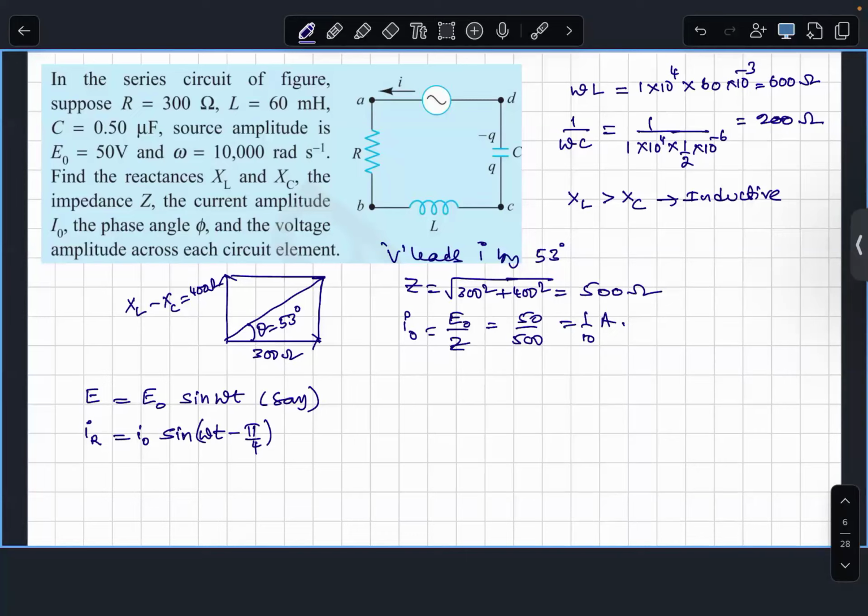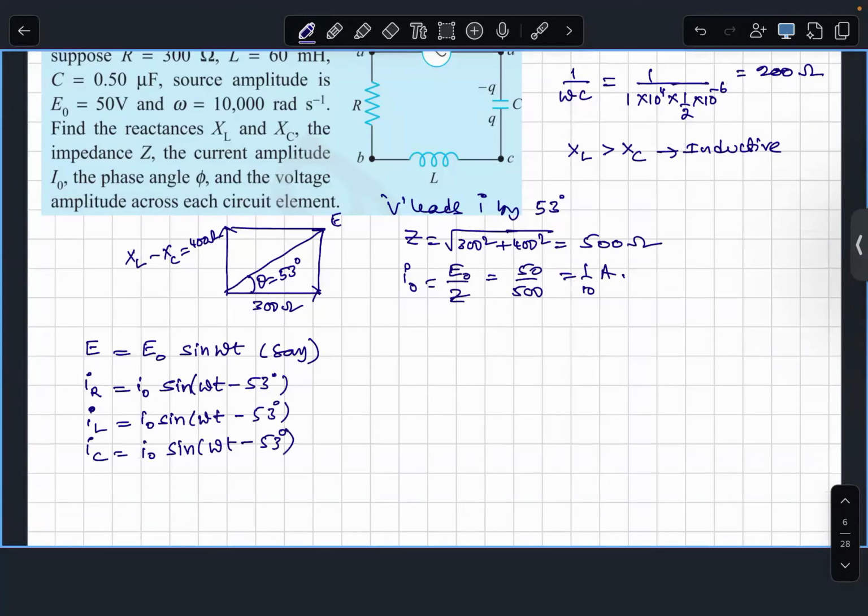If you want the current through the inductor, it is I naught sin omega t, because it is a series circuit.